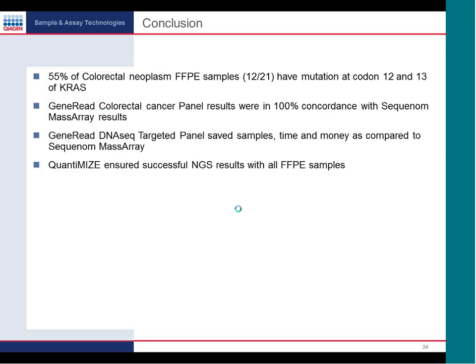However, importantly, although the results are in 100% concordance, the important part here is that by using this targeted DNA-seq gene panel, the customer has saved their precious sample as well as time and money as compared to the 16-plex MassARRAY. And then finally, the QuantiMIZE kit has ensured successful NGS results with all the FFPE samples.